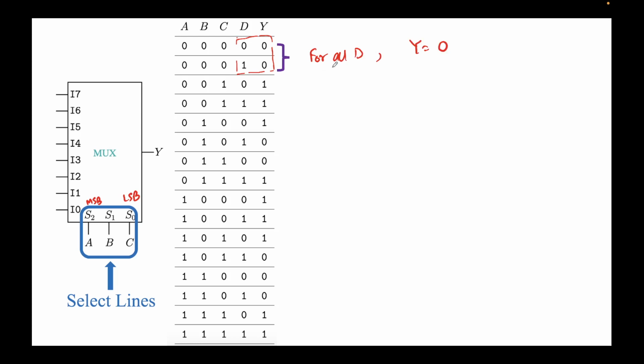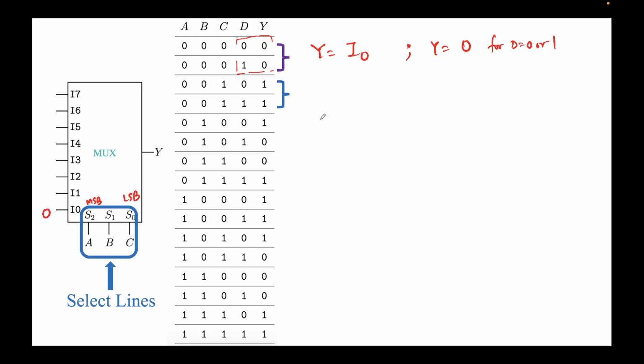For this configuration, because this will be shorted here, Y should be nothing but equal to I0, right? And we also obtain Y equal to 0 for D equal to 0 or 1. So effectively, by comparison, I can say I0 equal to 0, because it doesn't depend on D. So I0 I have obtained to be 0.